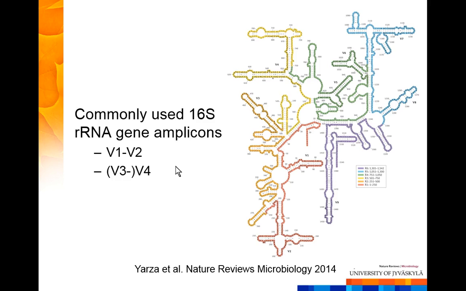Those are the regions that vary between different genera and taxa. The conserved regions, on the other hand, are very good places for your primers that are supposed to be as universal as possible.